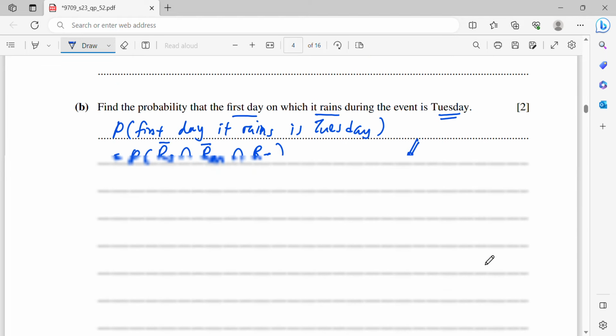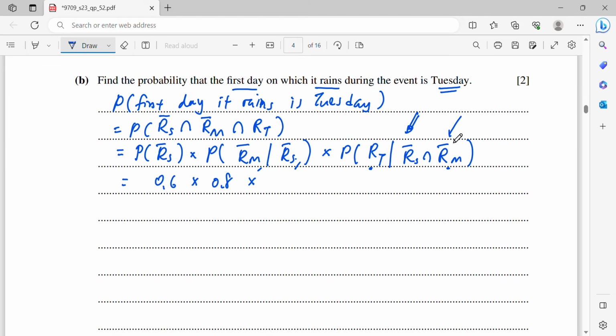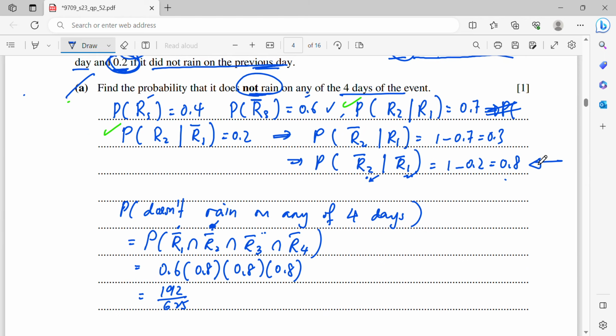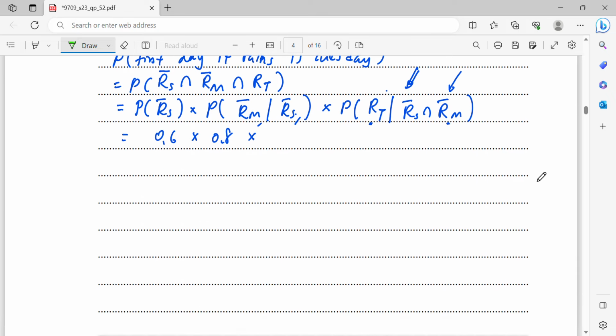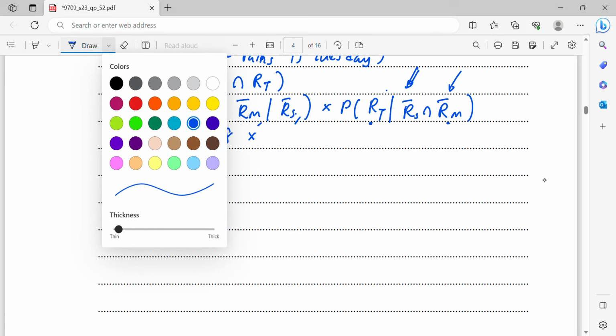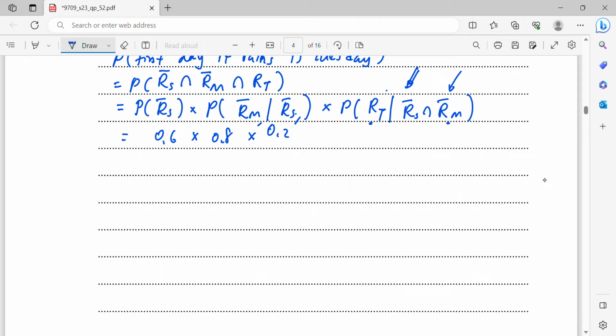So it means that the previous day not rain and the next day rain. When you look at here, previous day not rain and the next day rains. That means the probability is 0.2. Then I will get 12 over 125, or you can just leave your answer in 3 significant figures, 0.096.